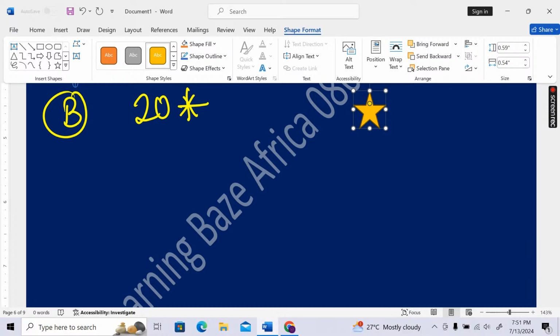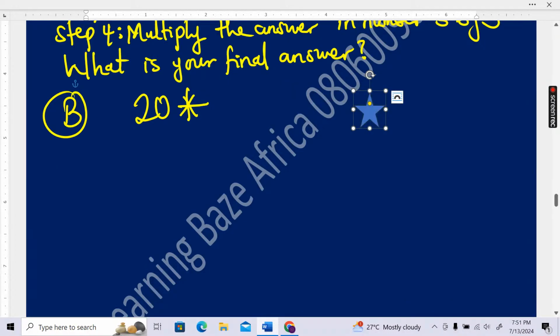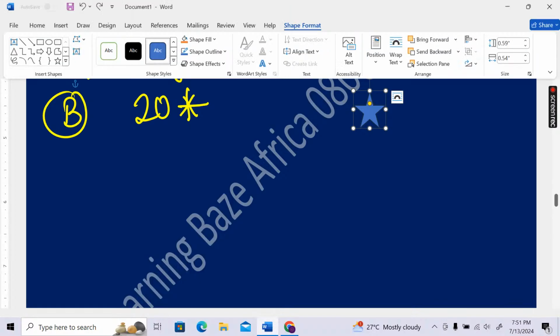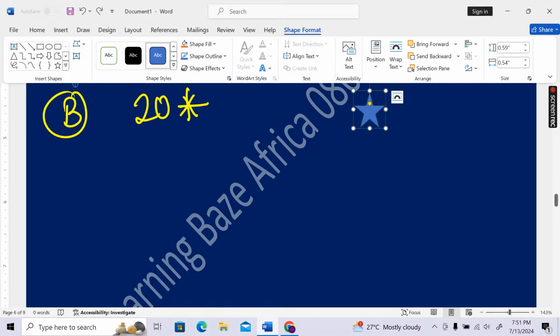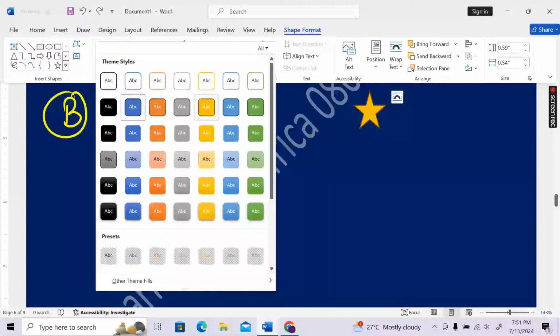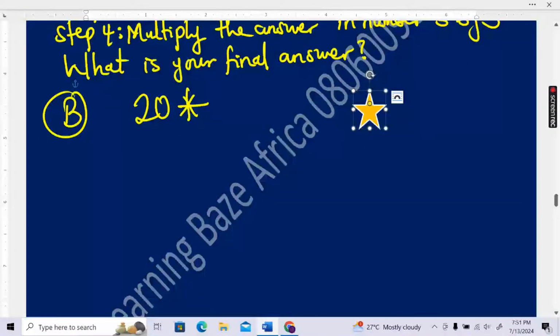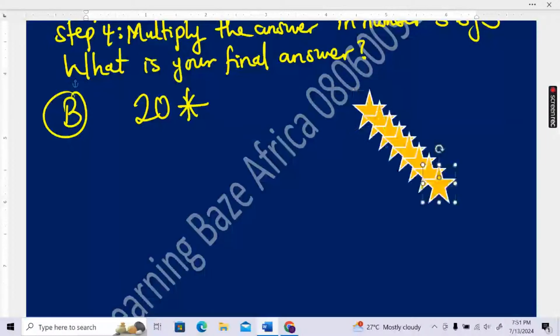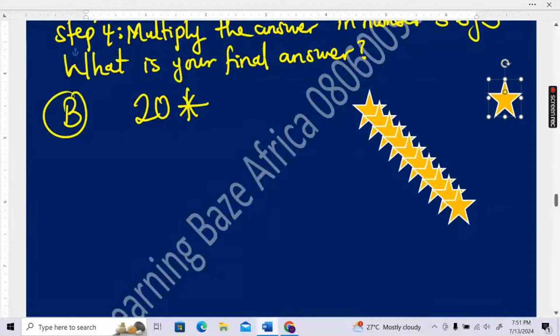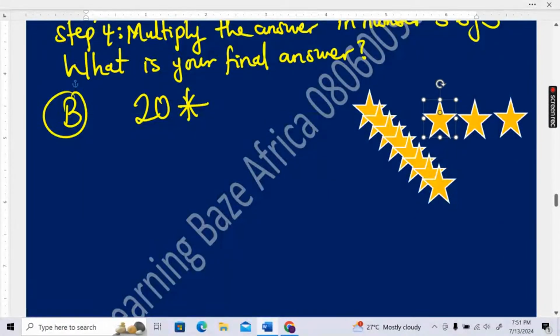My star is meant for only those who will get the answer right and get the answer fast. Yeah, here are our stars for students who will be very fast.